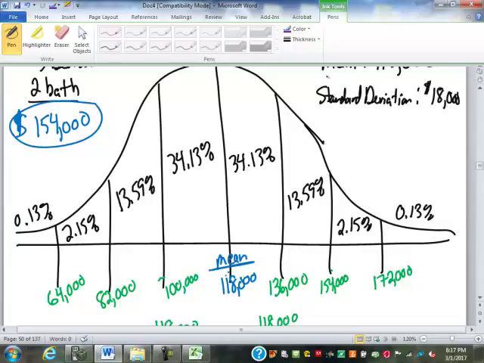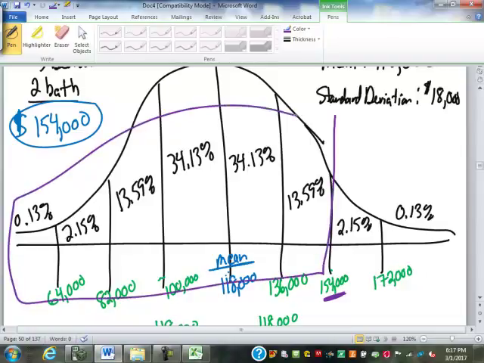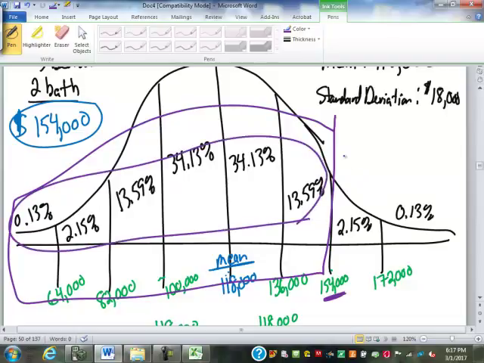Well, looking at this, $154,000 is right here. What that is telling us, if I add up all these percents here that are below it, this is the less than side here that I circled in purple. If I add up all these percents, that's going to add up to 97.72%.